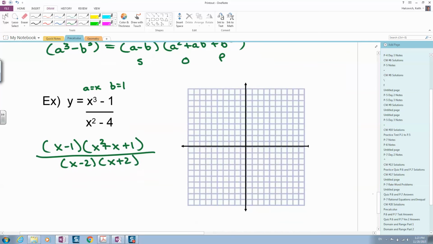Alright, so your vertical asymptotes are at x equals 2 and x equals negative 2. So we can put those in right here at negative 2 and at 2.